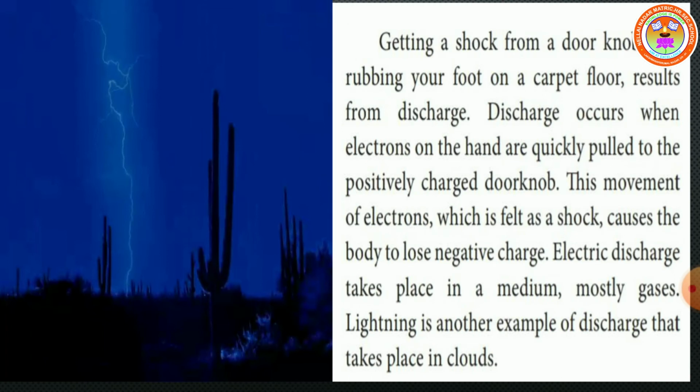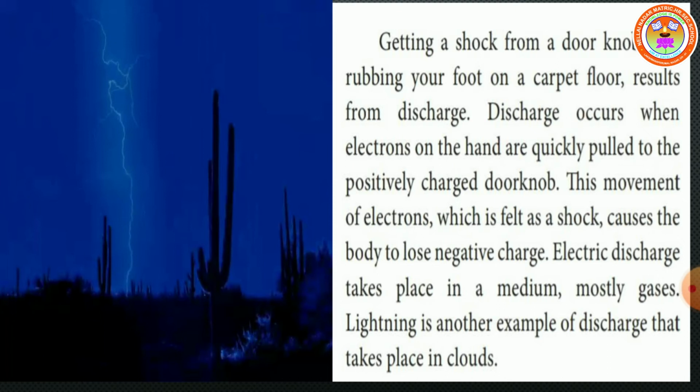Getting a shock from a doorknob after rubbing your foot on a carpet results from discharge. Discharge occurs when electrons on the hand are quickly pulled to the positively charged doorknob.